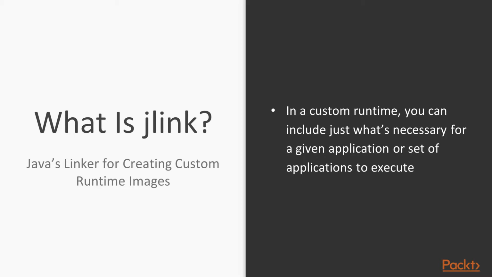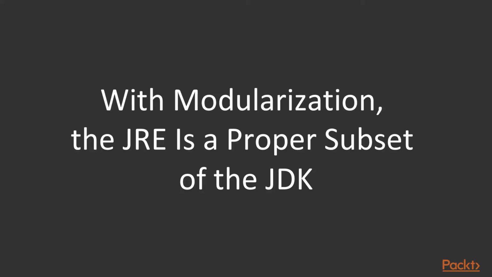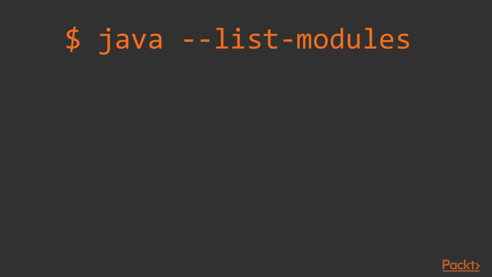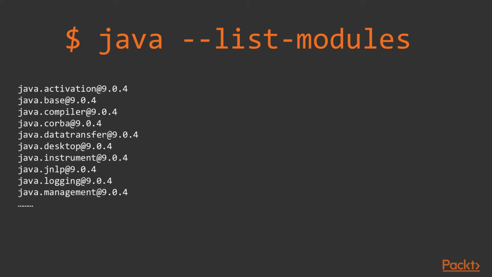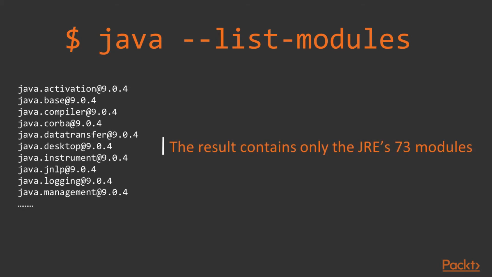So now, let's see how the JRE and JDK modularization helped us to create our custom runtime smoothly. With the modularization of the JRE, now the JRE is a proper subset of the JDK. So if you run the following command, java with the option --list-modules from within the bin folder of the JRE, the result contains only the JRE's 73 modules, rather than the full listing of the JDK's 95 modules.